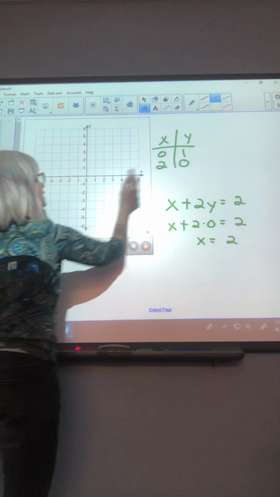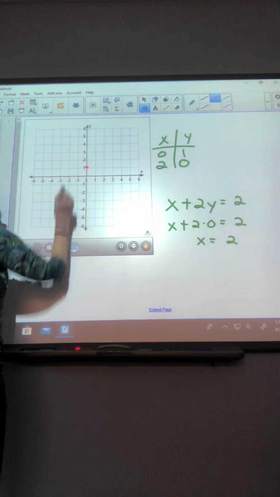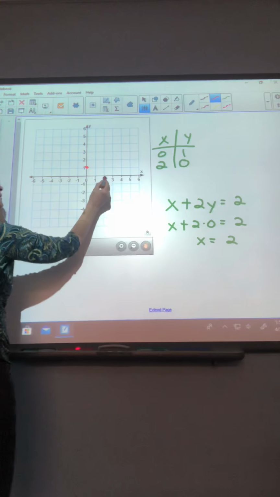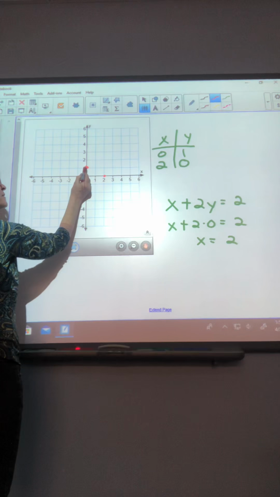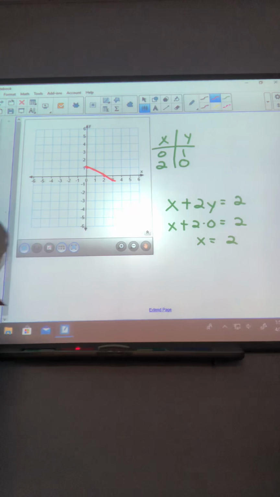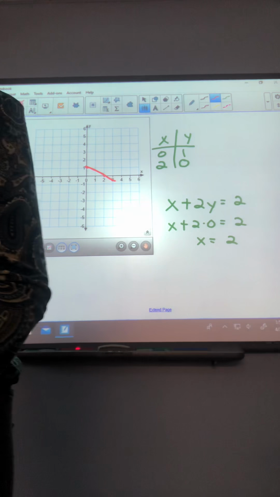So (0, 1), here's 0, here's 1, 2, (2, 0). You can see the x-intercept, you can see the y-intercept. And unfortunately, it's falling too. So we have 2 negative slopes today for our examples. All right, so let's go ahead and continue.